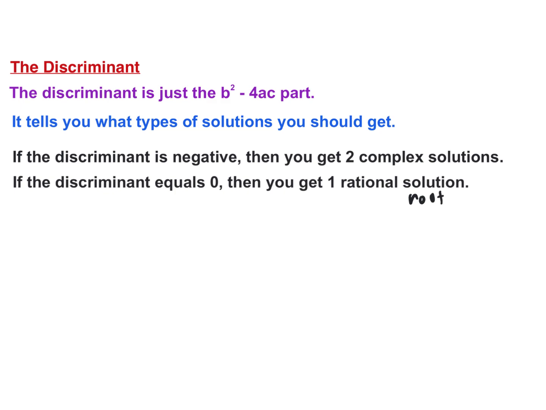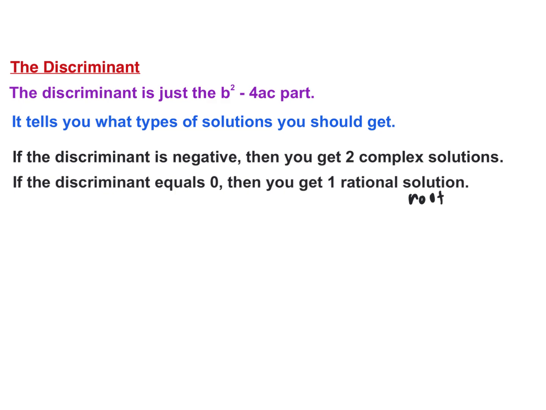And so we only get one rational solution because that's, and we've talked about this, negative b over 2a. That part of the quadratic formula, I don't know if you noticed that, because in the quadratic formula it's negative b plus or minus, and it's all over 2a. So there's a negative b and there's a 2a, and that was always the x-coordinate of our vertex. That was our equation for our axis of symmetry.